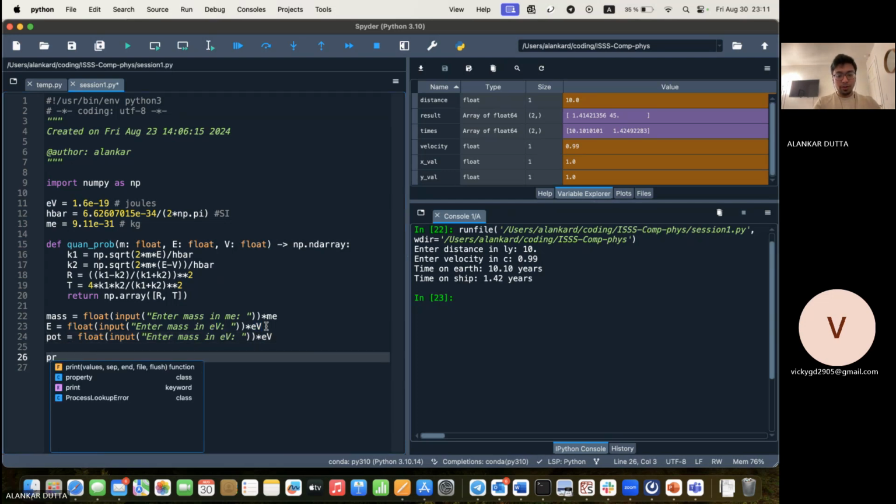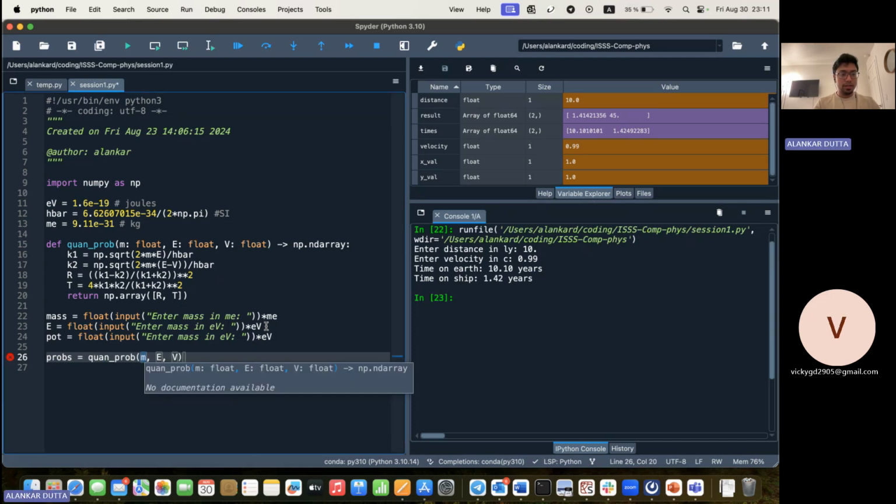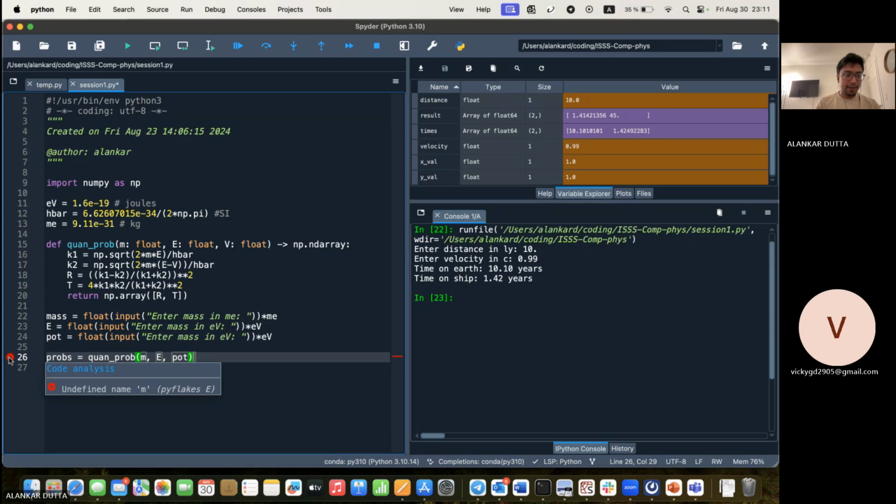And then we go and type probs. So the probabilities equal quant_prob of me, and instead of V, this will be the potential that we are going to call it by, and this is mass.